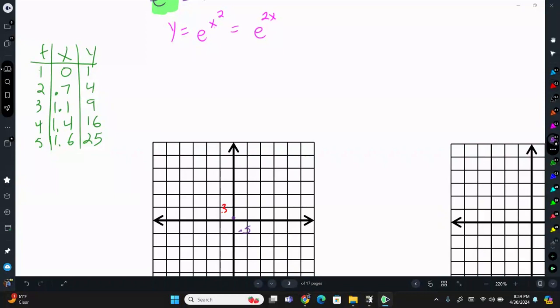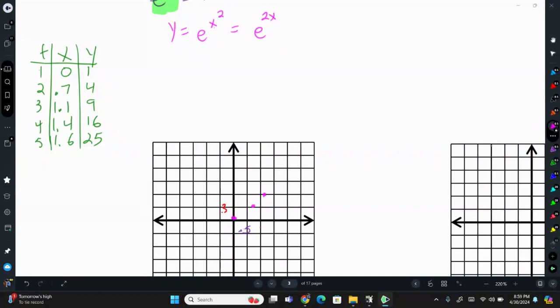Let's use a better color. Then when t was 2, we had 0.7, 4, so more than 0.5, 4. Then we had 1.1, 9, right here, because 0.5, then 1, a little bit more than that would be right there.